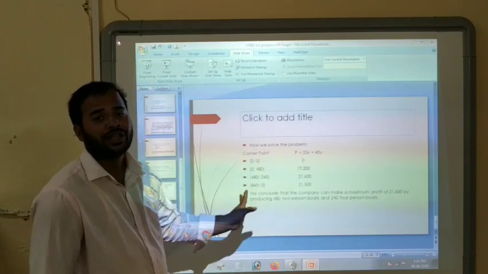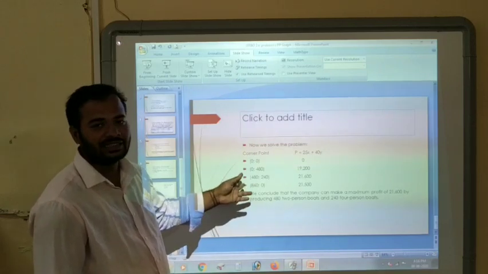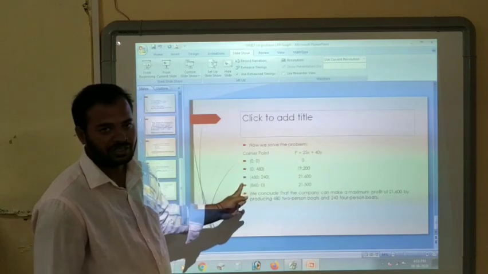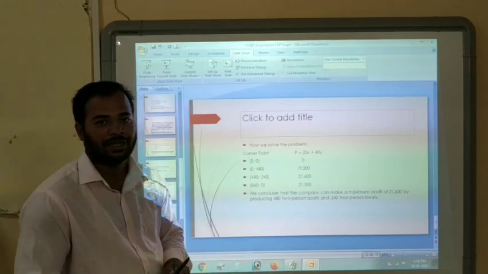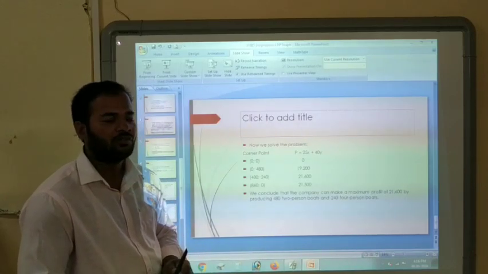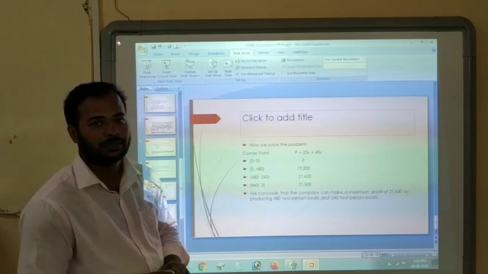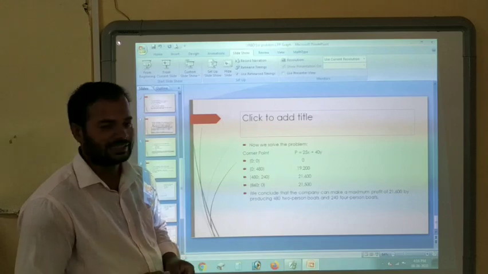So it is clear that the manufacturing company needs to produce 480 2-person boards and 240 4-person boards to earn the maximum profit of 21,600.